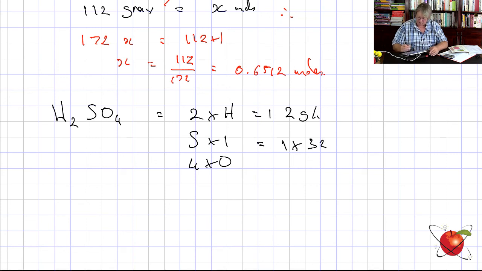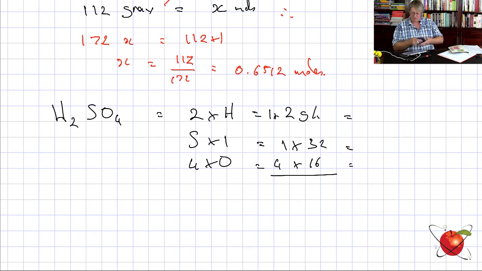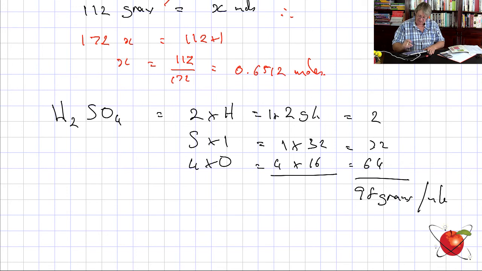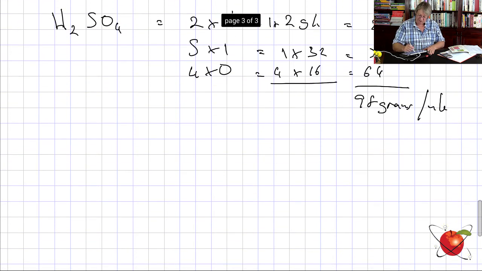Okay, I've just 1 times 2, right? And 4 times 16. Right? So this is 2, this is 32, and 4 times 16 is 64. So that's 64 plus 32 plus 2 equals 98 grams per mole.